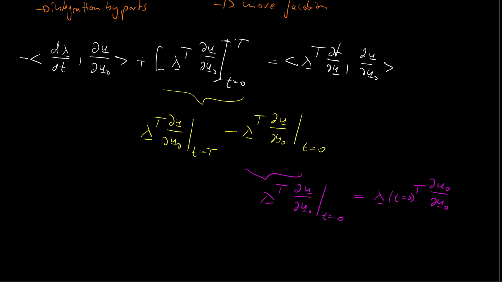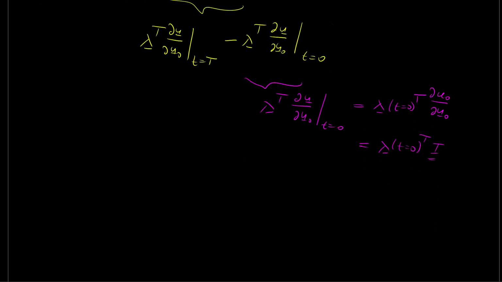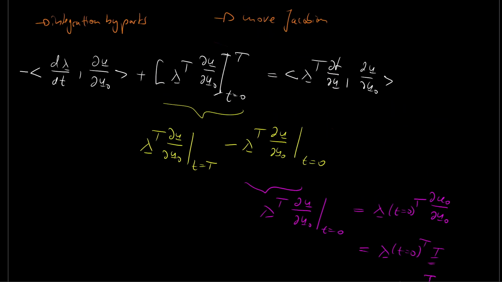And now we are asking the question, how does the initial condition depend on the initial condition? That's the identity matrix. So we will get lambda evaluated at t equals 0, transpose, times the identity matrix, multiplying something with the identity matrix. So we will just keep this row vector here. So this is just lambda evaluated at t equals 0, transpose. Okay, this is that expression.